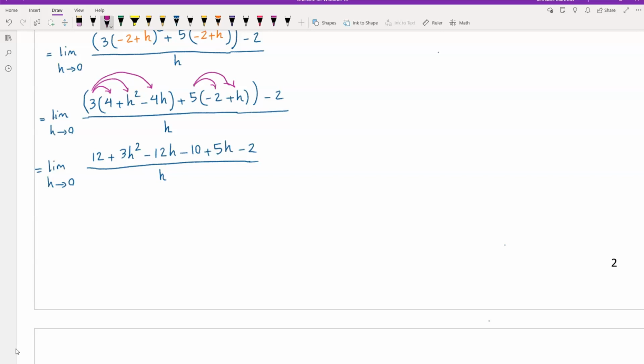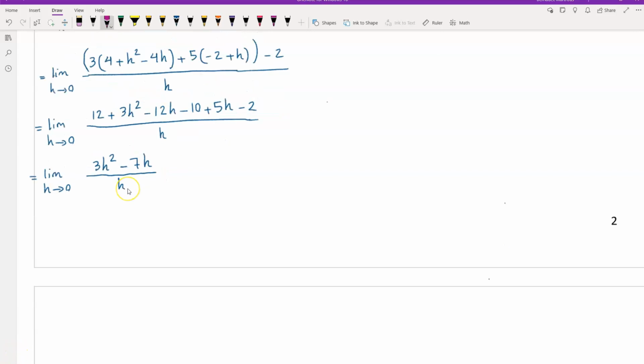Now what we have here, we have to simplify, so combine like terms. So now what we have in numerator is 3h squared minus 7h, divided by denominator h. We can factor out h.